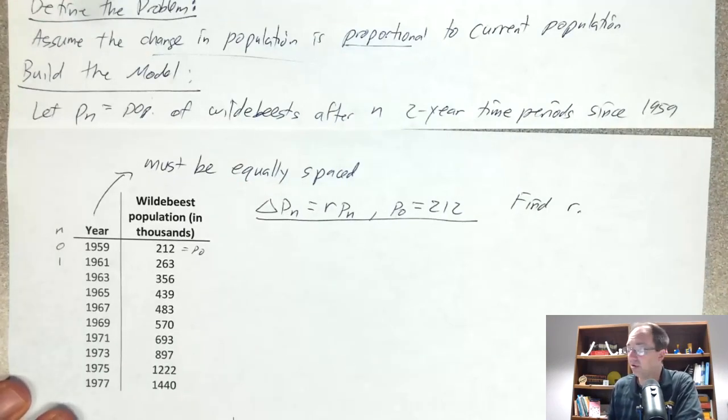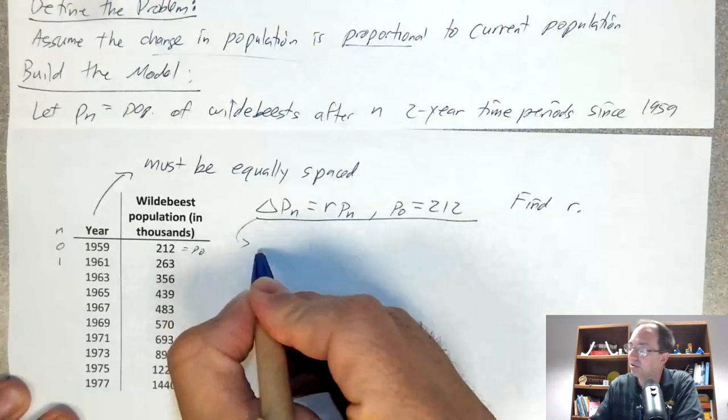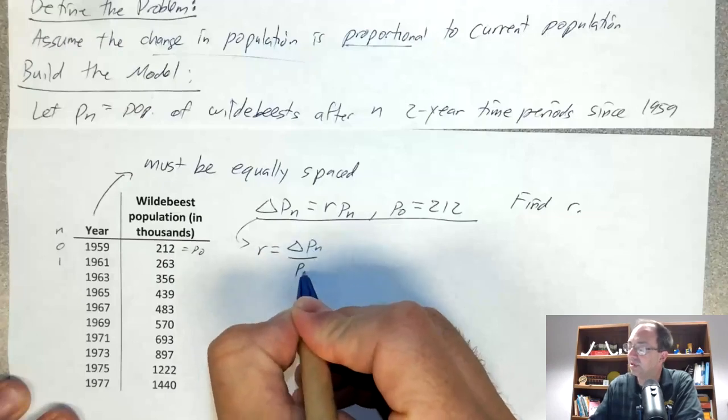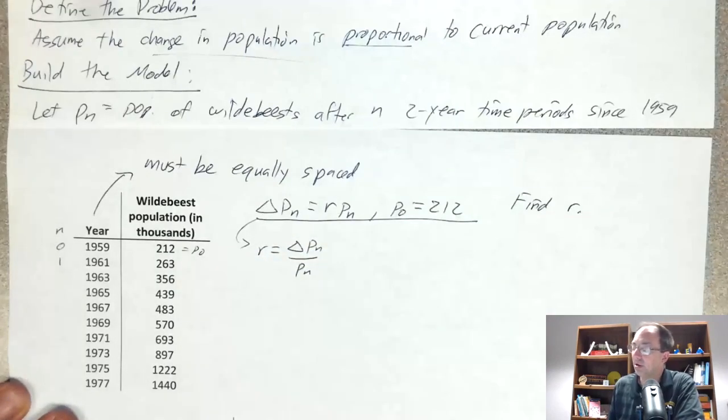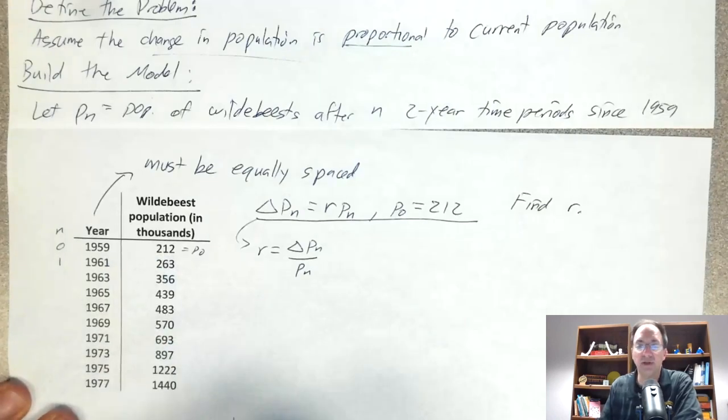So how are we going to find R? Notice if I solve for R in this equation, I get R equals delta P sub n over P sub n. So I can calculate the change for each one of these and see what we get.